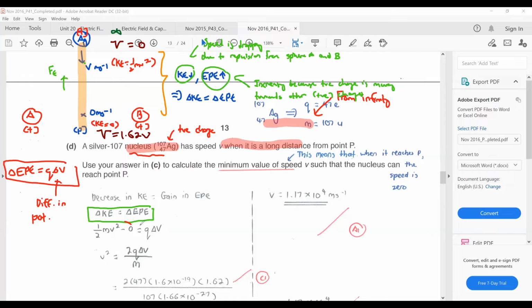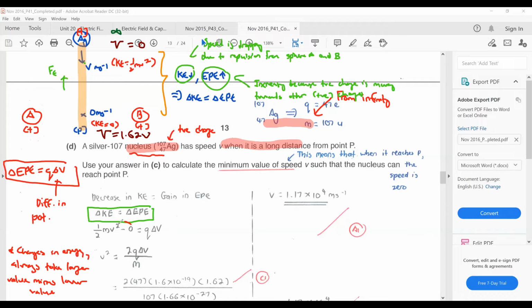Yeah, the other thing here I need to mention is that for changes in energy, always take larger value minus lower value.